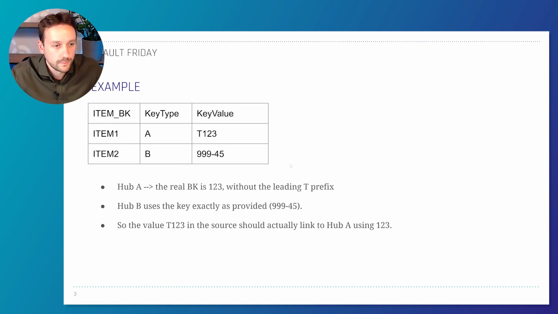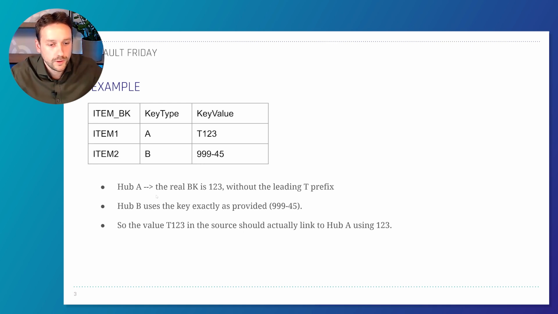So we have the item business key with the values of item 1, item 2. And then we got a key type, which could be A or B, or maybe C as well. So not sure about it, but they have a different key value. Key type A has the key value T 1 to 3, and key type B has the key value 999-545.